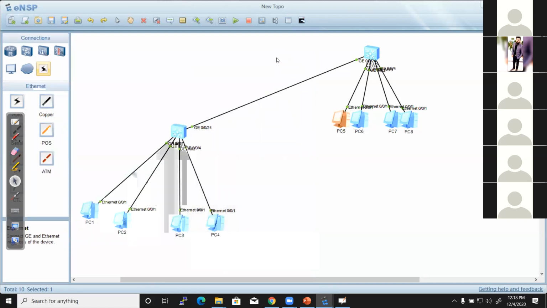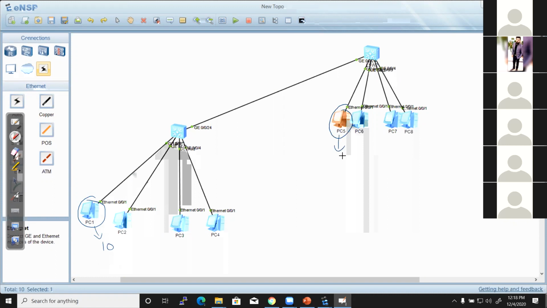Now I want to communicate from this PC. This guy belongs to VLAN 10, and I want to communicate with PC5, and also, this guy belongs to VLAN 10. That means both are in the same VLAN, VLAN 10.